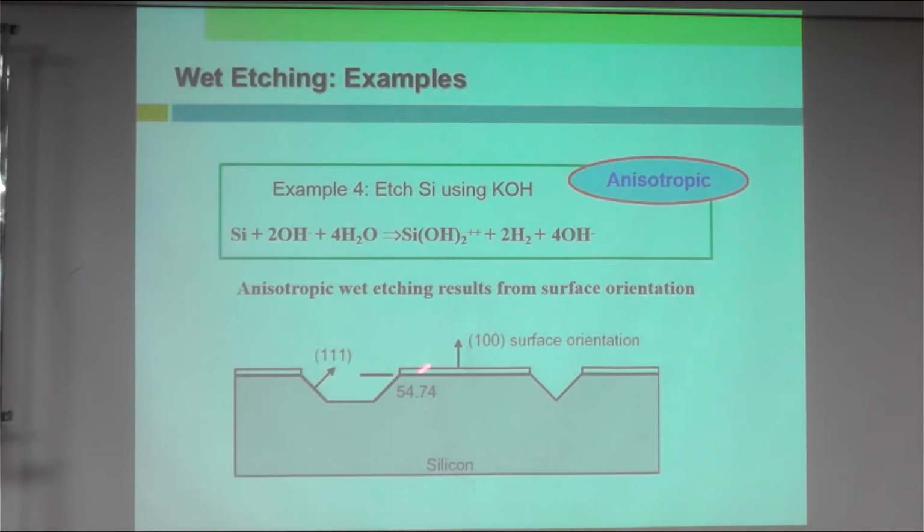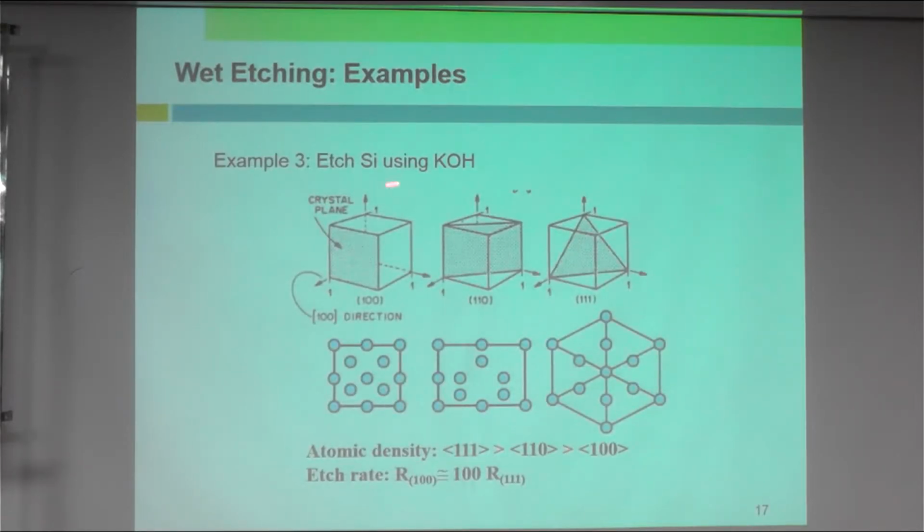We know the direction of the crystal in which the wafer is cut, so we can manipulate that to get a certain shape of structure for the wafer. So this is the wafer orientation, crystal orientation: 100, 110, and 111.